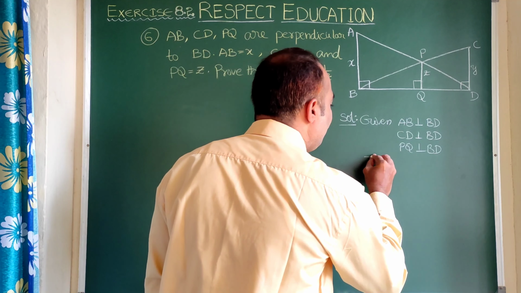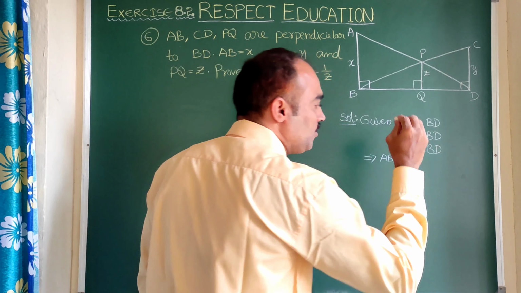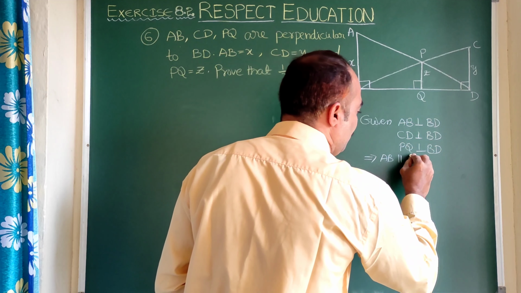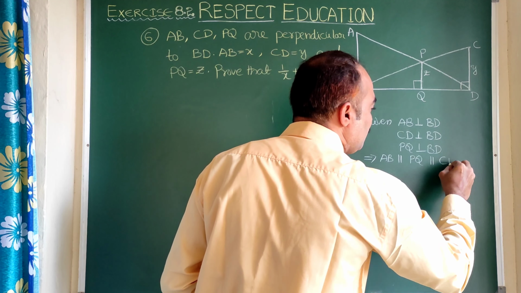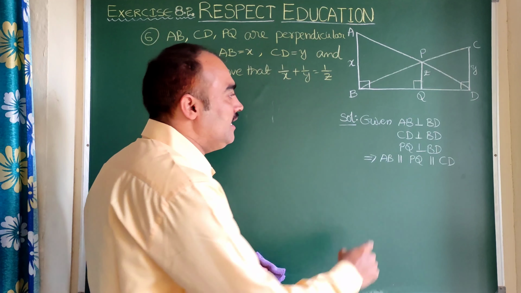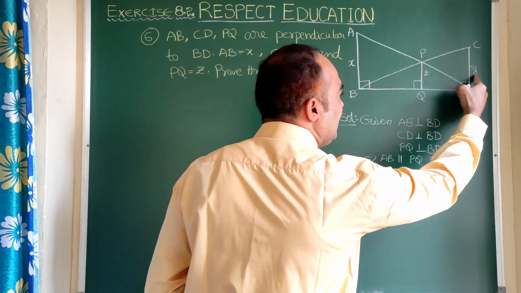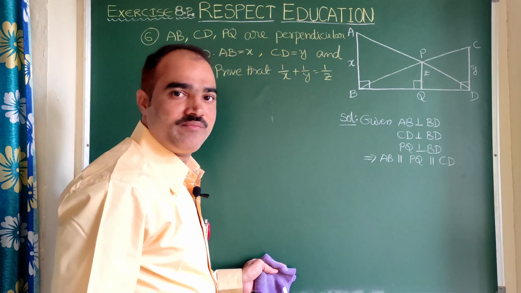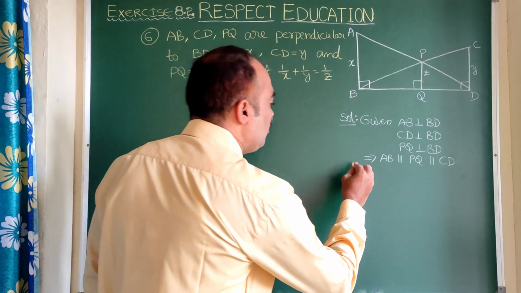So we can write that AB is parallel to PQ, which is parallel to CD. That means AB, CD, PQ are all parallel to one another. This is the given condition.